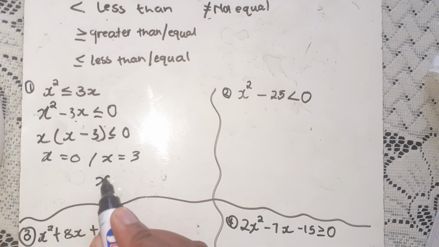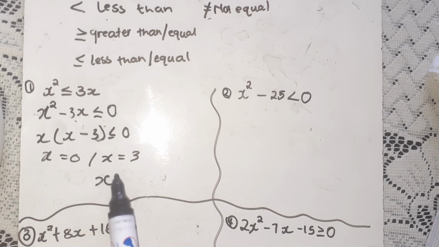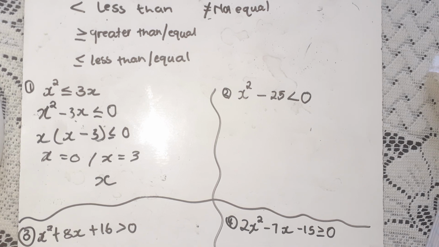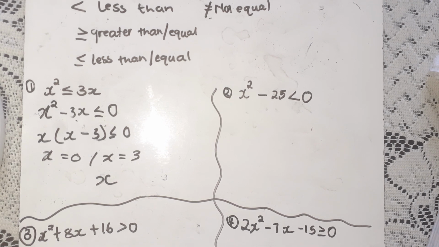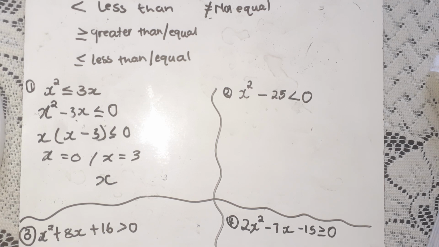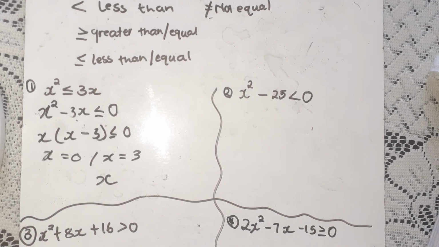And now the answer is: for which values of x is x less than or equals to 0? Okay, when is x less than or equals to 0?